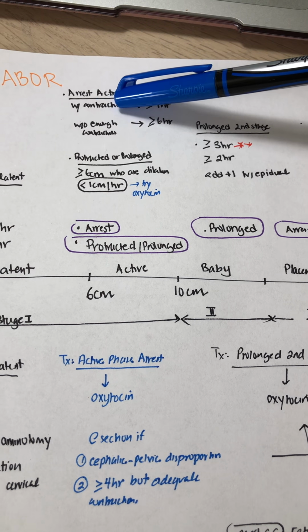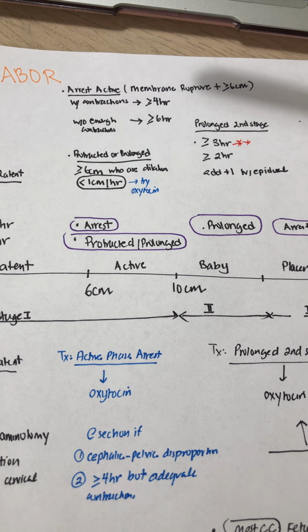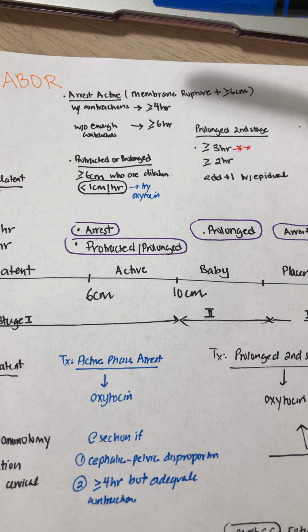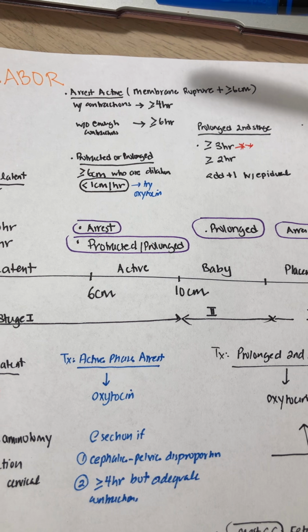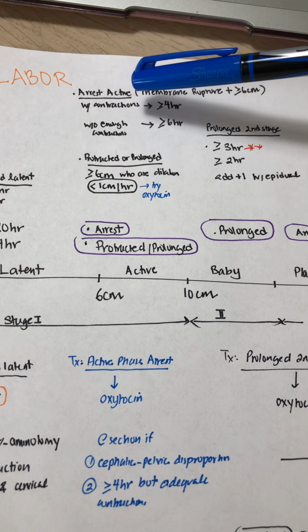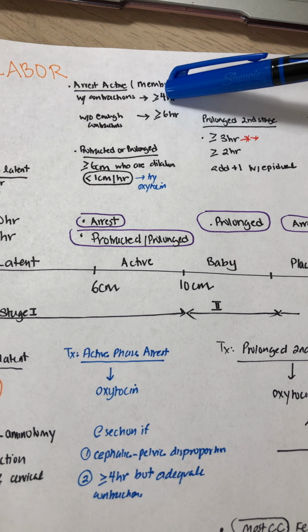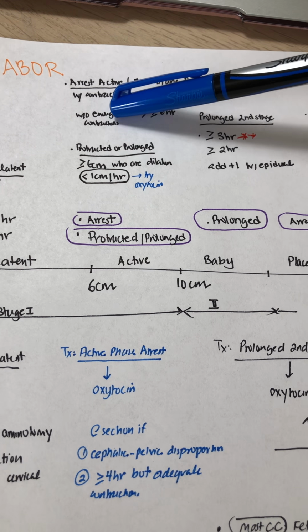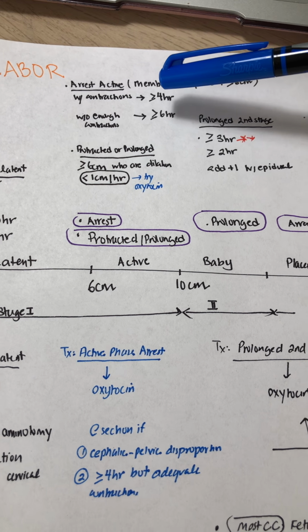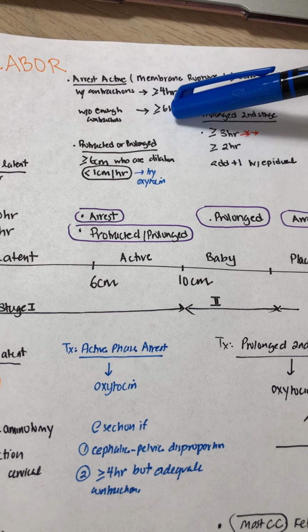Do they have enough contractions? Enough contraction means 3 in 10 minutes and more than 200 Montevideo units. If it has enough contraction, the mom has been pushing for more than 4 hours; if without enough contraction, the mom has been pushing for 6 hours.